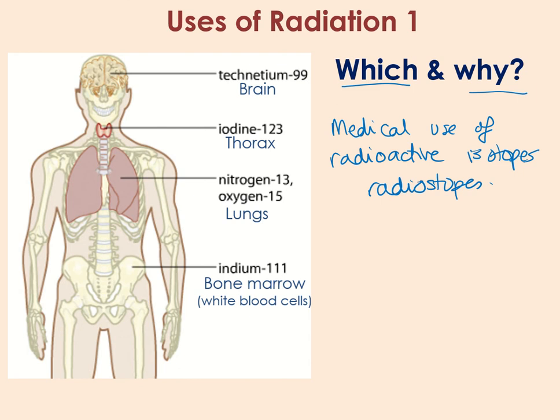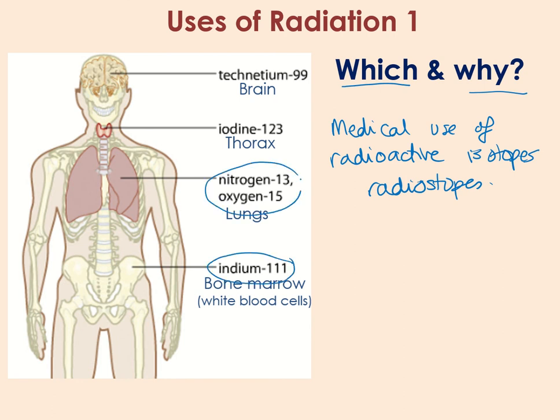What we use these for is to observe the function of different organs in the body. What we actually have to do is pick an element that naturally collects in that organ.